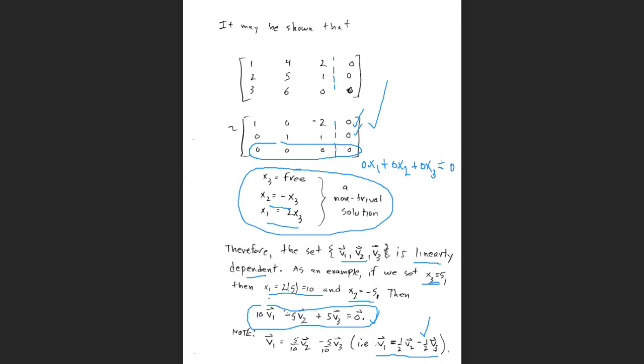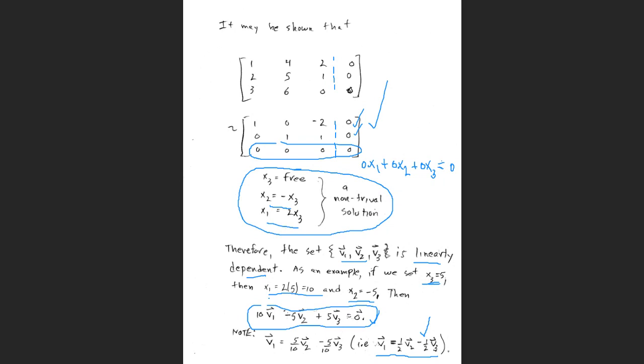So you see, anytime you have a non-trivial solution, you can relate one vector in the set of vectors to the other vectors in the set by a vector equation, such as I did here.